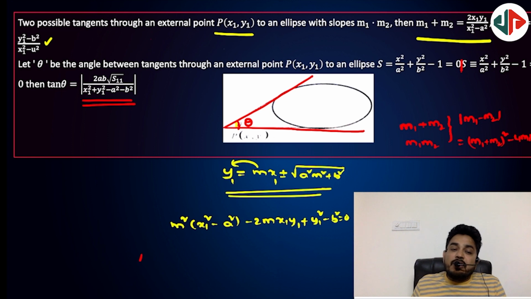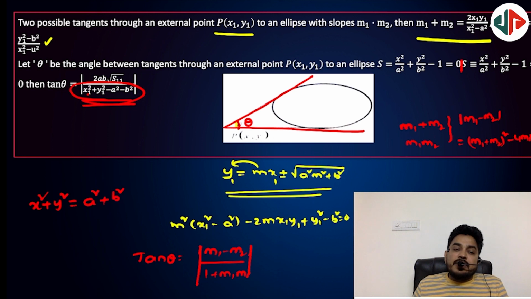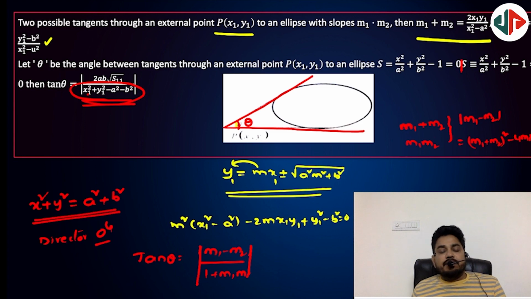So tan theta is equal to modulus of m1 minus m2 by 1 plus m1 m2. If this angle is 90 degrees, the denominator goes to 0, so the locus of x1 y1 is x square plus y square is equal to a square plus b square, which is known as the director circle.